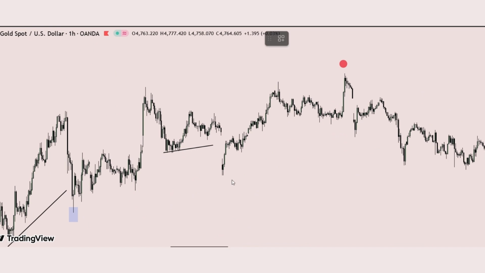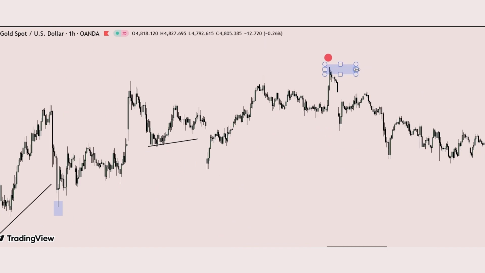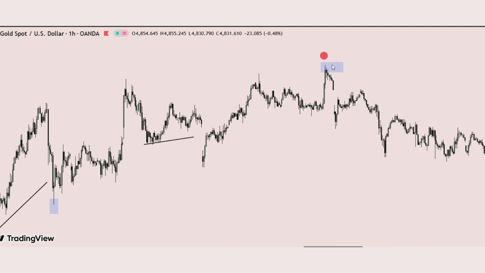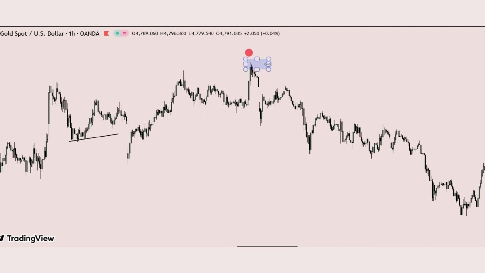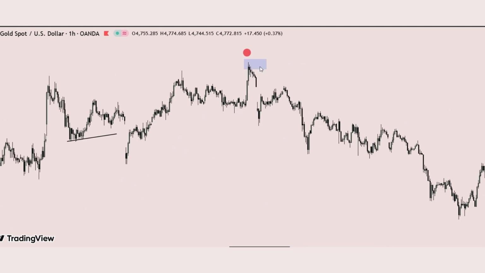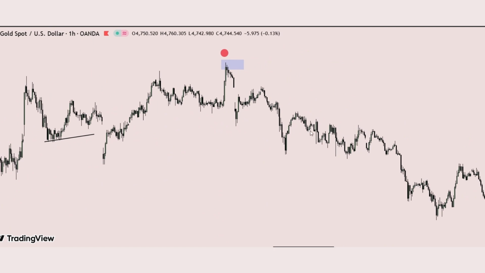Now, from this zone, the market tap on daily POI or 4-hour POI, then started reversing. Let's from this zone, let's see where is a descending trend line liquidity.